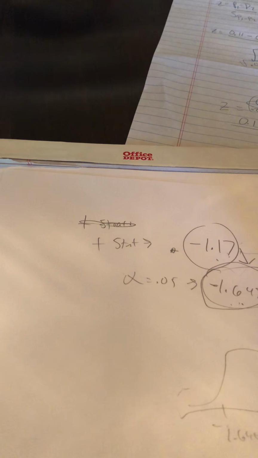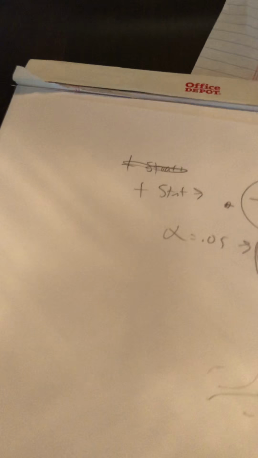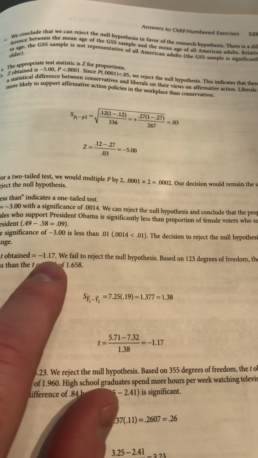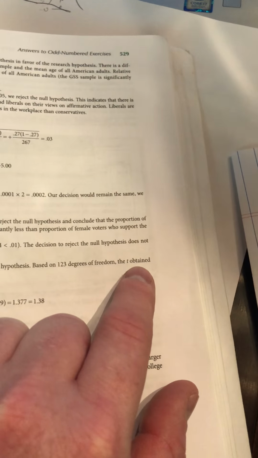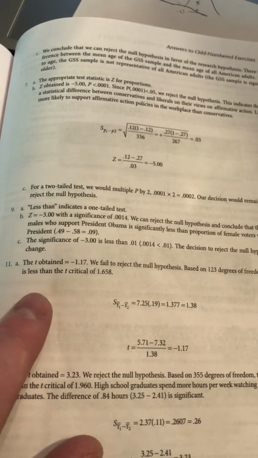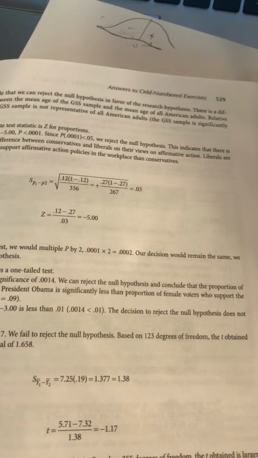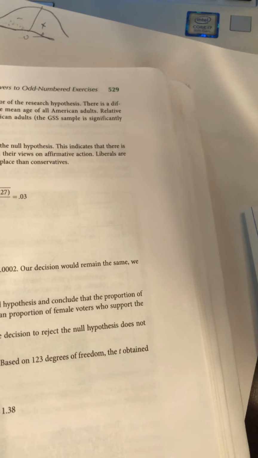If it doesn't go above that number, then we can't reject the null. Let's flip to the book just so you can see. The obtained t, 1.17, with 103 degrees of freedom: the t obtained is less than the t critical. So if the t statistic that we get is less than the critical value, we fail to reject the null, meaning we accept the null.